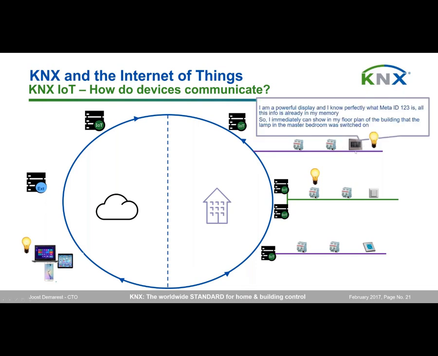There could be a powerful display that knows what meta ID 123 is, and because all of this data is already in its memory, it could immediately show in the floor plan of the building that the lamp in the master bedroom was switched on.